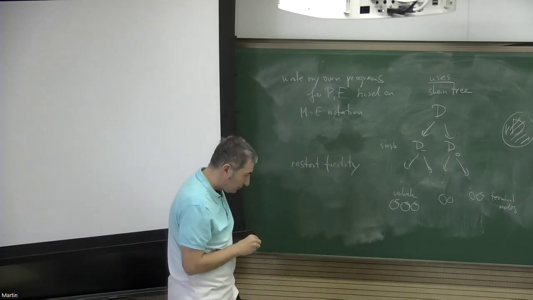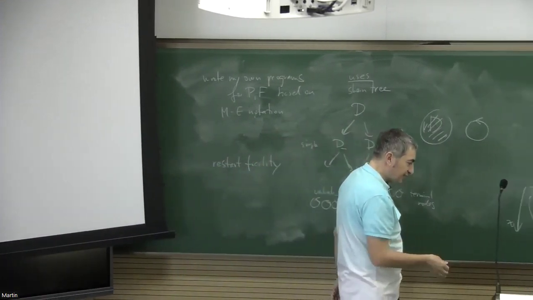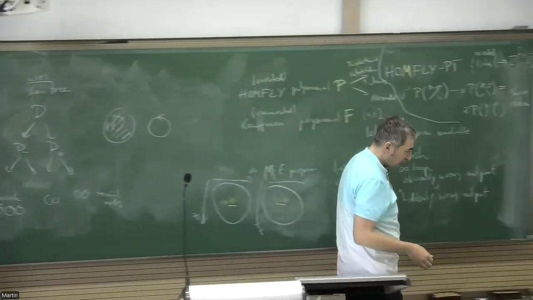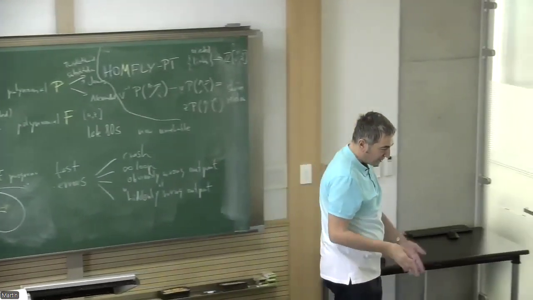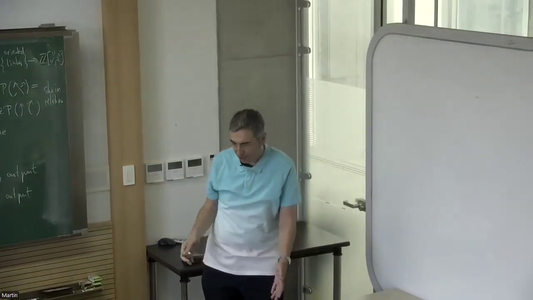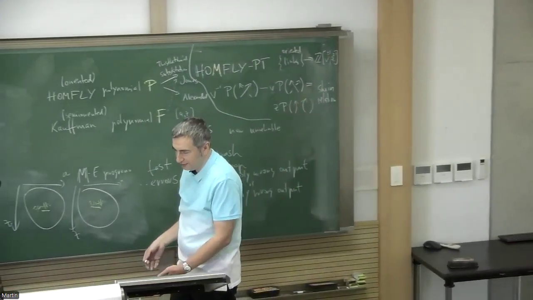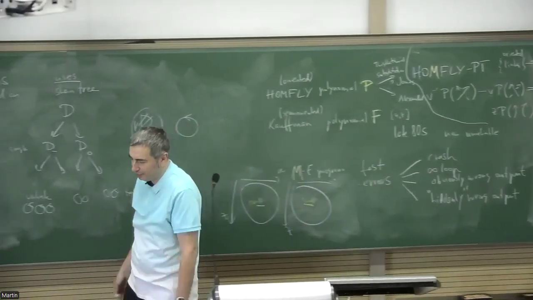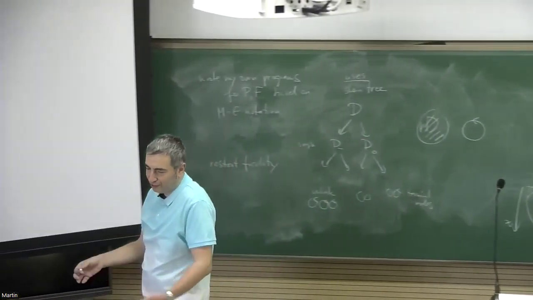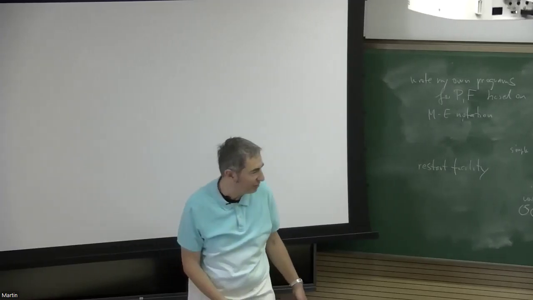So what does restart mean? Restart means you try to do this on some diagrams that have very many crossings, and then it takes a very long time, and you cannot be certain that this will run smoothly until the end. So something can happen, like, for example, a power failure or some computer crash or whatever.